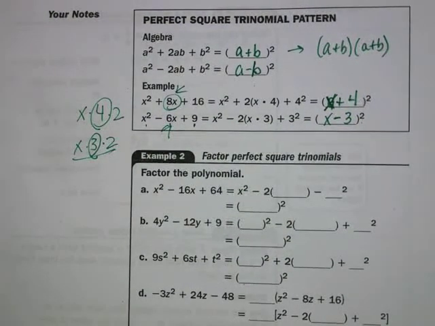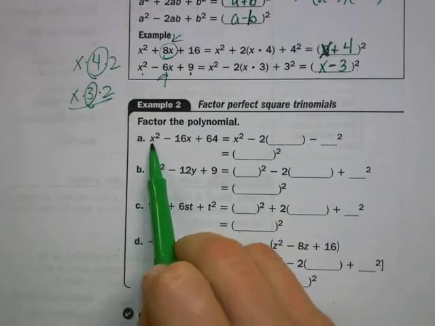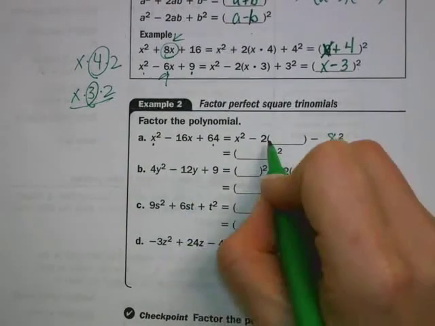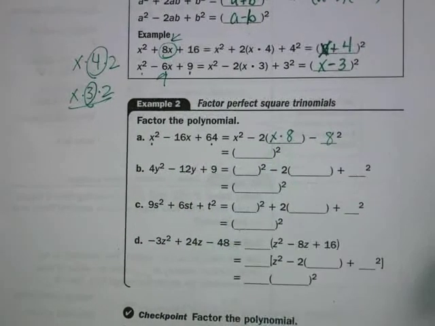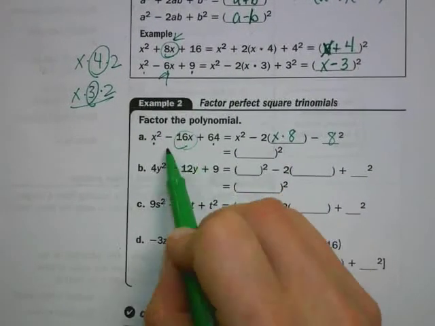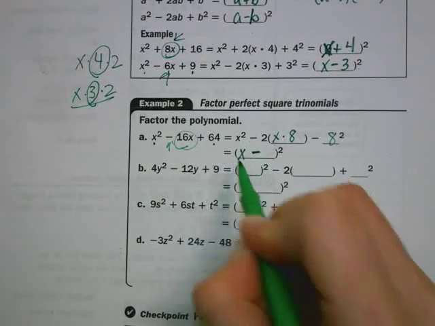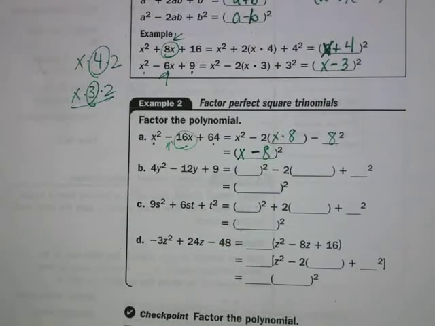So let's do it again here. Perfect square, yes. Perfect square, yes, that's 8. And then it's double the x times the 8. They just put it in a different order than I did. That is 16. There was a minus sign there, so a minus sign goes in the middle. That's this term and this term. X minus 8, the quantity squared.